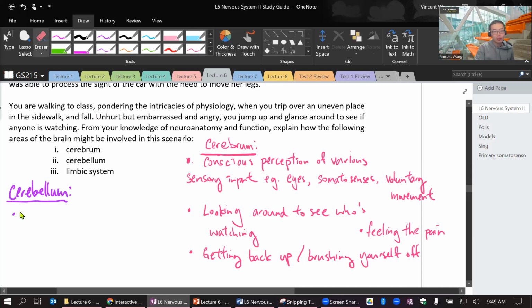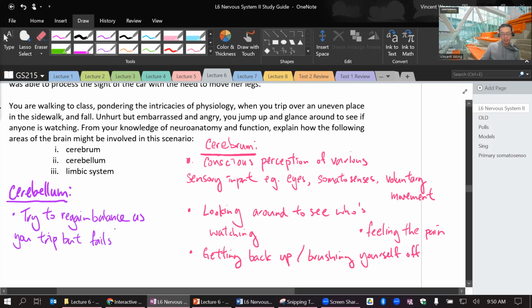Yeah. As you're falling, it will try to regain balance. As you trip, I guess in this case, but fail in this particular scenario. You try to regain the balance, but you can't, and then brace for impact.